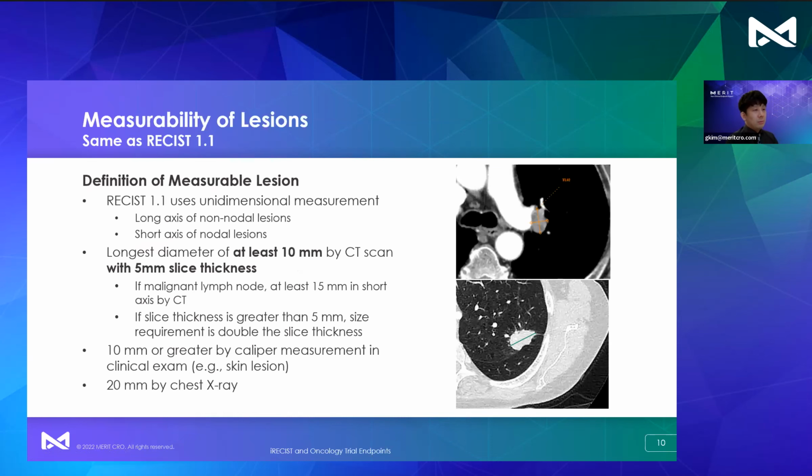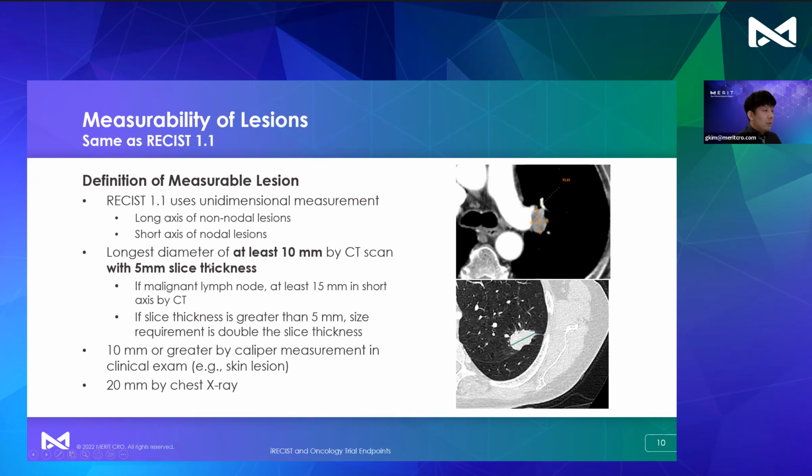So getting into a little more detail, in iRECIST the measurability of lesions still stays the same as RECIST 1.1. I will be briefly going over some of the overlapping details of iRECIST and RECIST 1.1 here. The definition of the measurable lesion still stays the same. We use the unidimensional measurement of the long axis of non-nodal lesions or the short axis of nodal lesions.